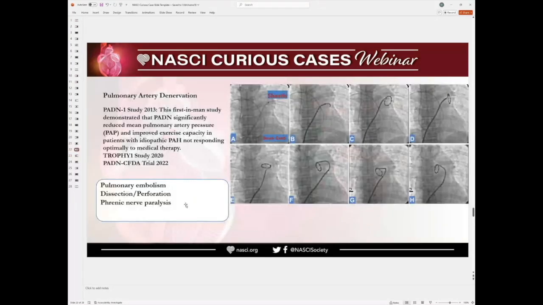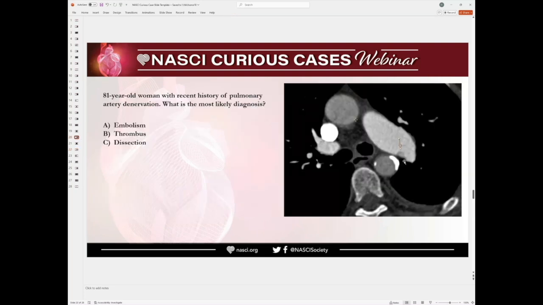Although I'm mentioning them all, what they said in these three studies is that the complication rate was very, very low. I don't know if this is being done at your institute, or whether this is the first time you have seen it. I just wanted to share it with you. In this case, we can argue. The resident said this is probably a small thrombus. I said this looks like a dissection. What do you guys think?